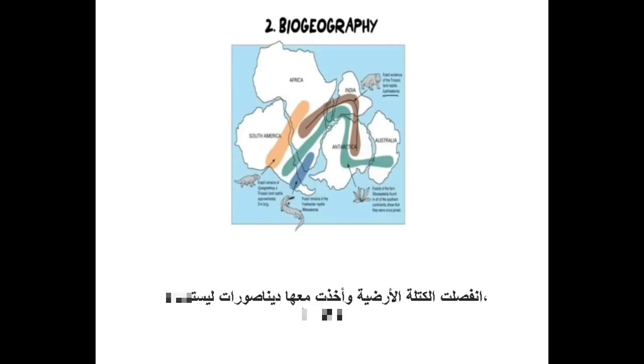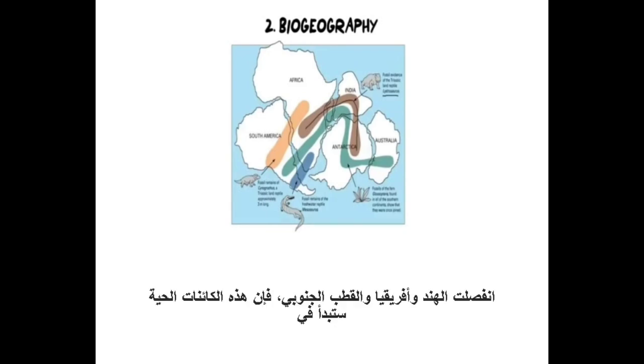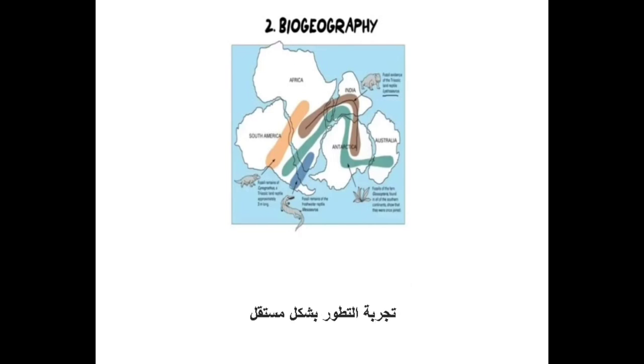Because if the landmass separated and took the Listosaurus with it, which it to some extent did when India and Africa and the Antarctic separated, those organisms would start to experience evolution independently because their populations would be too far away from each other for them to interact or to interbreed with each other.